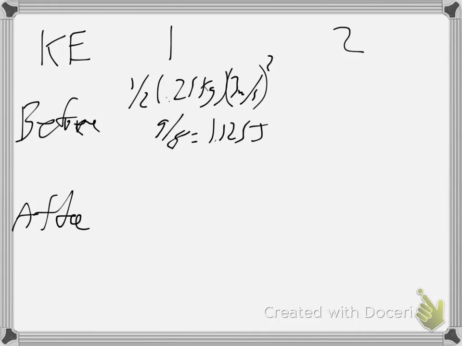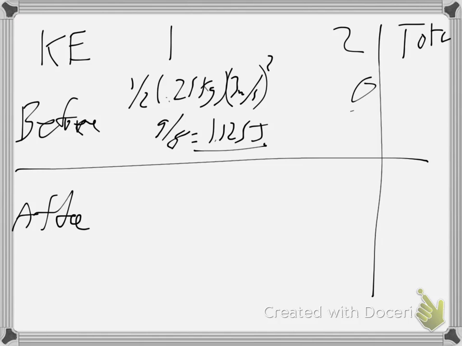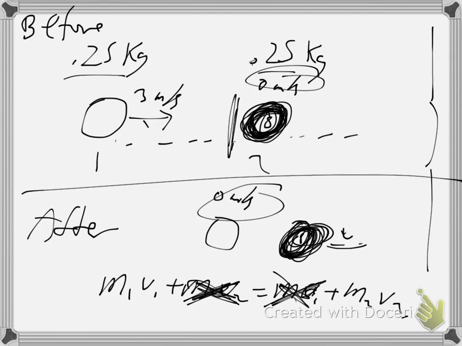Now, object 2 initially is not moving, so it's 1/2 mass times 0 squared, which is again 0. So if I add these two up, I have 1.125 plus 0, which is a total of 1.125 joules. Now, afterwards, if we look at our collision, our cue ball stops.